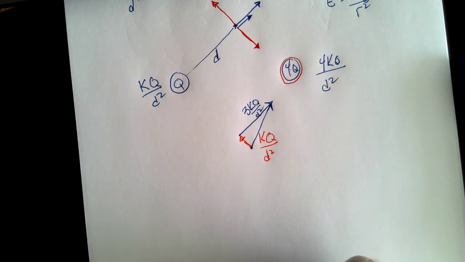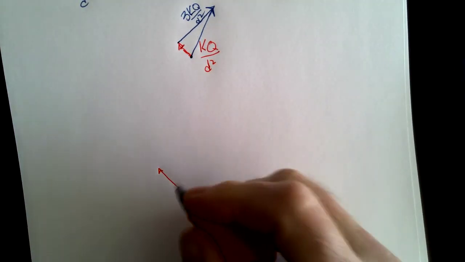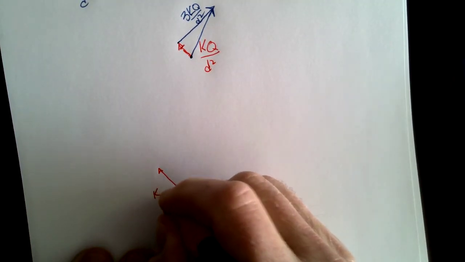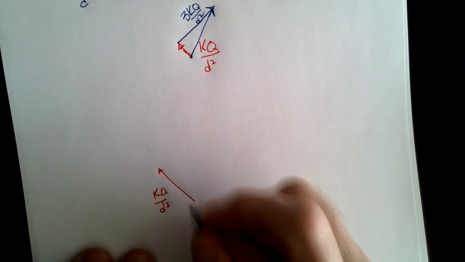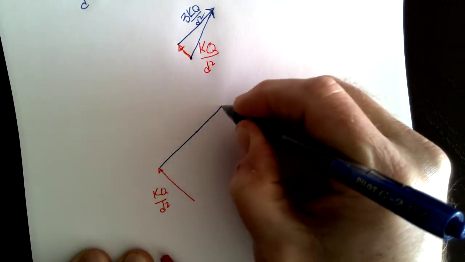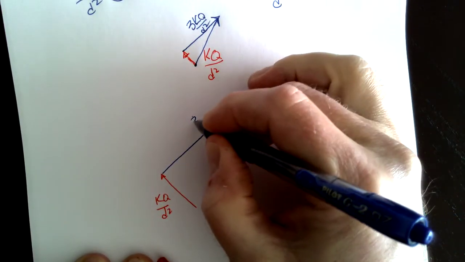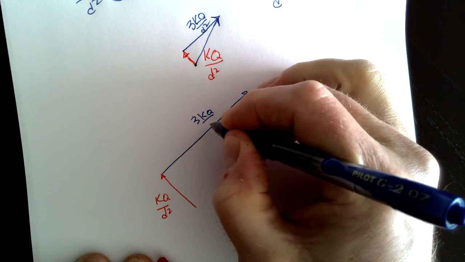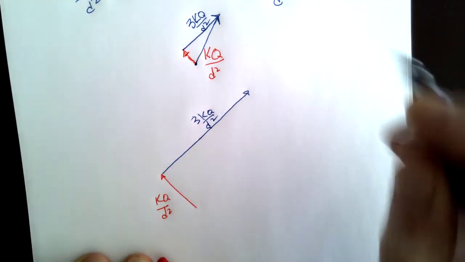You have up and to the left with kQ over d squared. You have one 3 times the size of that, which is 3kQ over d squared.